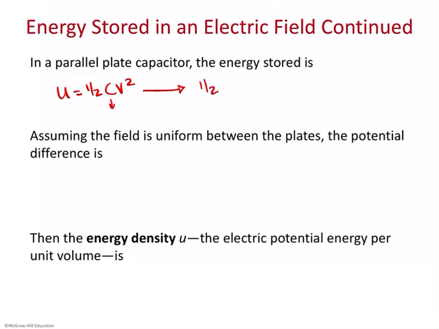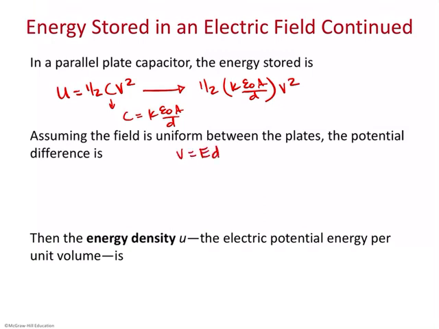Or you could break it down a little bit further than that. You could say 1/2 times, and now capacitance is equal to, if we were talking about one that had a dielectric in it, K times the permittivity constant times area divided by distance. I could take that and plug it in for that C times voltage squared. Okay, so stick with me for a minute.